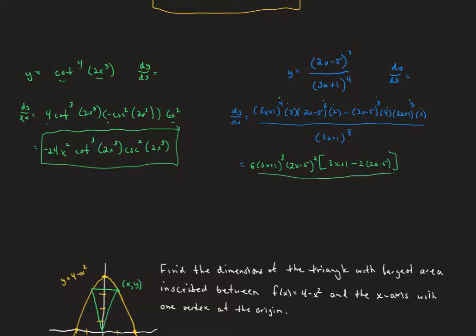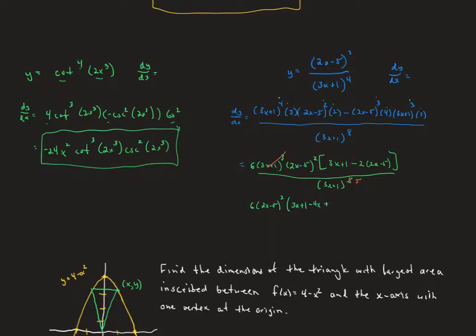And our denominator is that 3x plus 1 to the 8th. Well, we can cancel 3 of those, leaving 5 behind. So we're now down to 6 times 2x minus 5 to the 2nd. And if we distribute in the brackets, we're going to get a minus 4x.